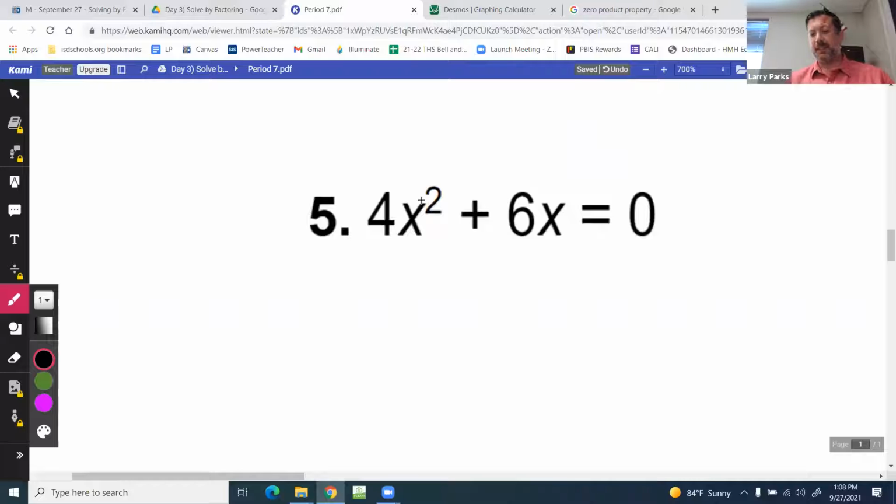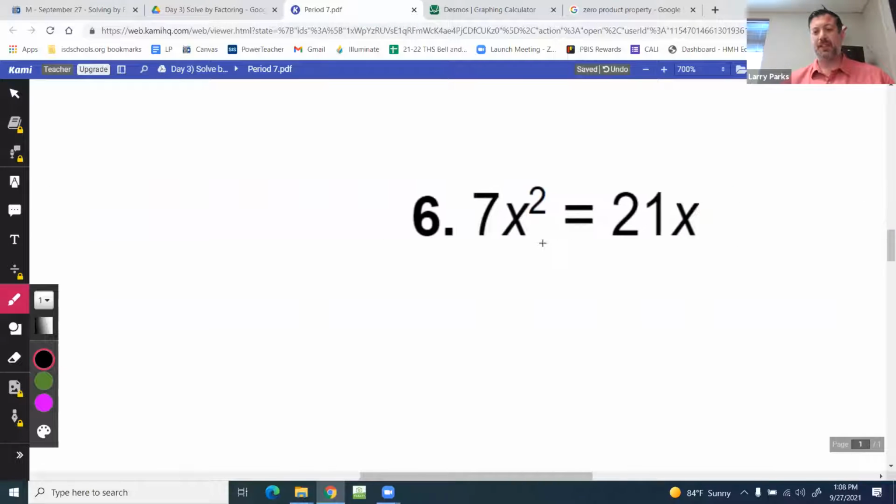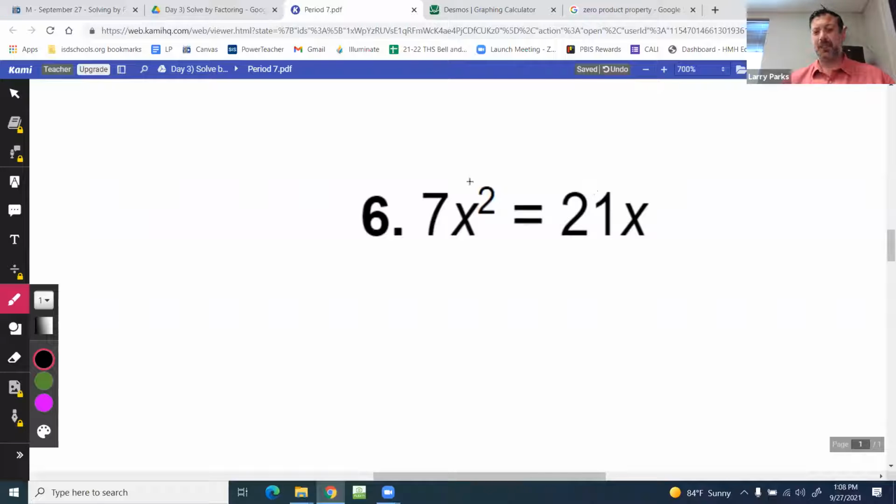This one is in standard form, but notice there's only 2 terms. This one is not in standard form. I need to move them both to the same side. Now, if I were to move this over here, that changes that to a negative 7x squared. And remember I said if at any time possible, you could keep the x squared term positive, it's better to.